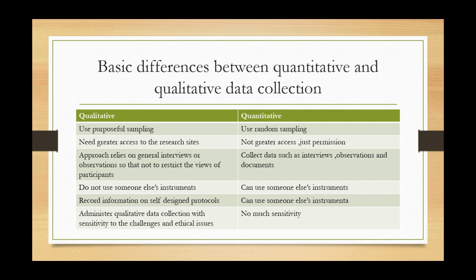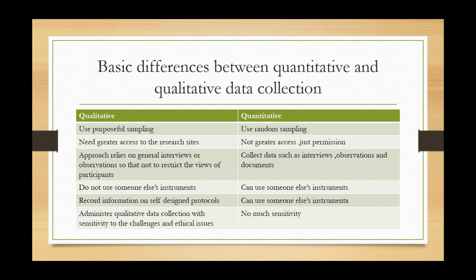You collect data using forms with general emerging questions so that you permit the participants to generate responses, and from there you gather word, text or image data, and you collect such information from a small number of individuals or sites. So what's the difference between quantitative and qualitative data collection?